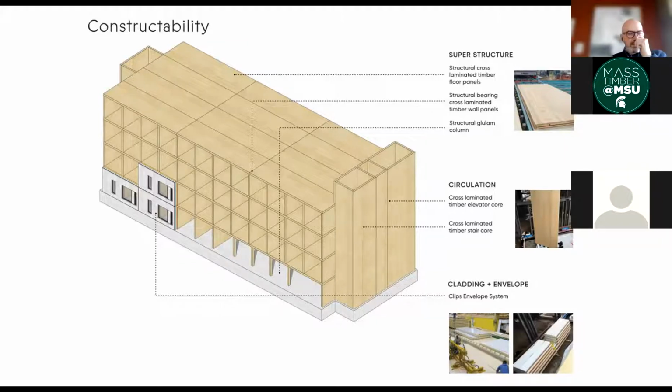In addition to that, we were using our clip system, our prefabricated exterior wall panels, as cladding materials for the outside of the building so that we can quickly enclose the whole structure. This particular building was built on a concrete podium, although it doesn't need to be. We could easily build with underground parking, not a problem. And so the building is entirely mass timber from slab up. Next slide, please.